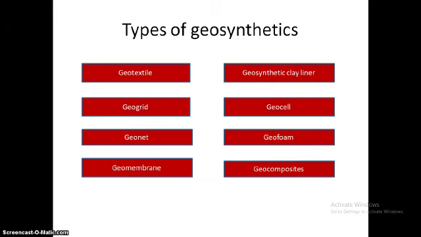Geosynthetics are mainly classified into 8 categories: geotextile, geogrid, geonet, geomembrane, geosynthetic clay liner, geocell, geofoam and geocomposites.